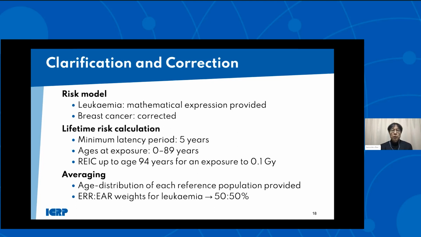Minimum latency period was 5 years for all cancer sites, including leukemia. Ages at exposure were 0 to 89 years for the whole population, and 18 to 64 years for the working age population. And the accumulation period of risk for lifetime risk calculation was up to 94 years of age.